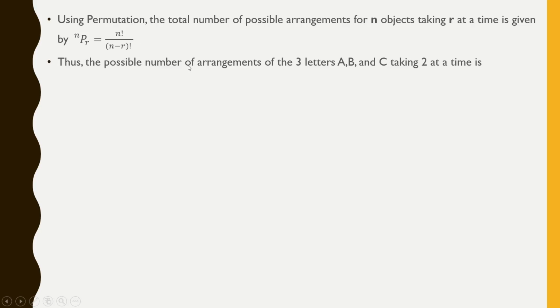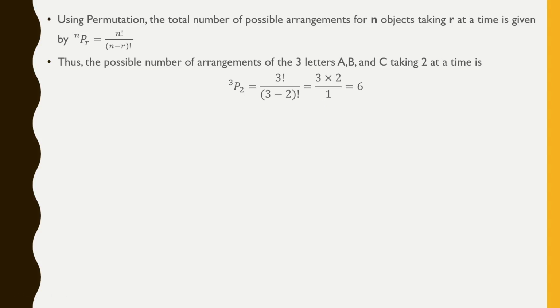So in the earlier case, the number of possible arrangements for the letters A, B and C taken 2 at a time: n is 3 and r is 2. So it is equal to 3P2, that is 3 factorial by 3 minus 2 factorial, which is equal to 6.